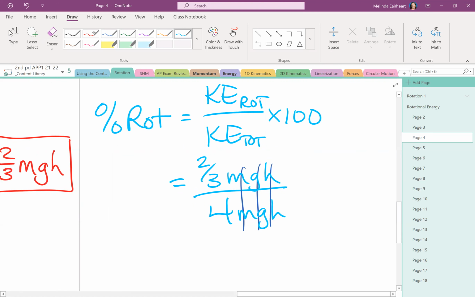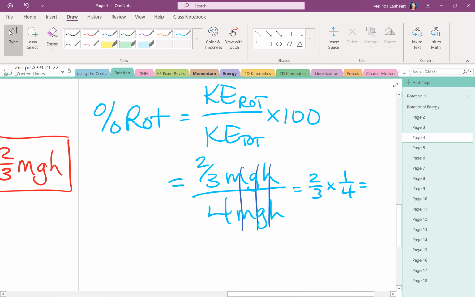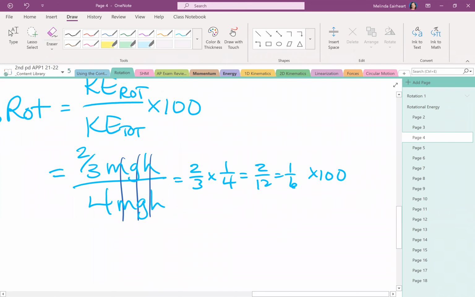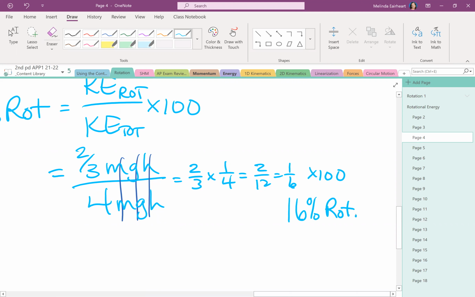And so what would we get here? 2/3 times 1/4, or 2/12, 1/6 times 100, whatever that is. Somebody tell me. 16. So 16% goes into rotational.